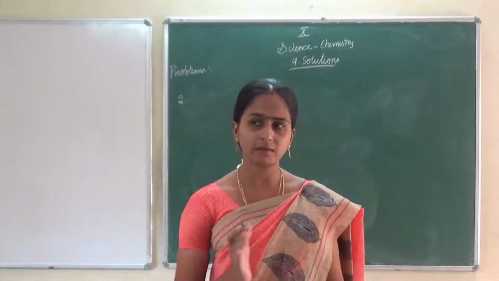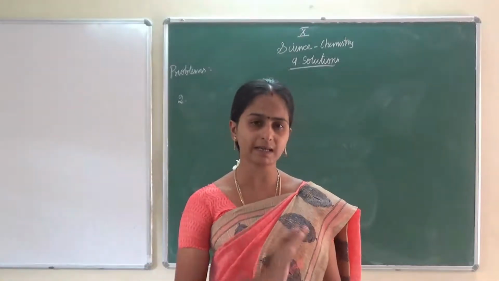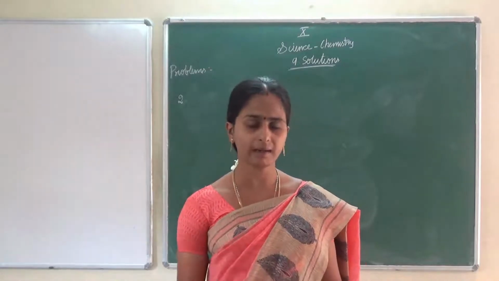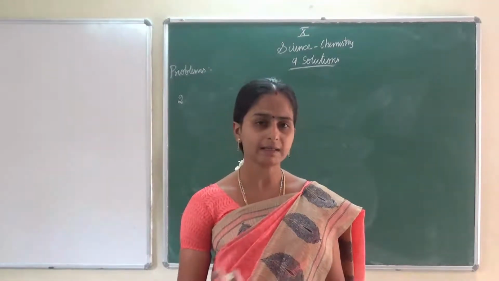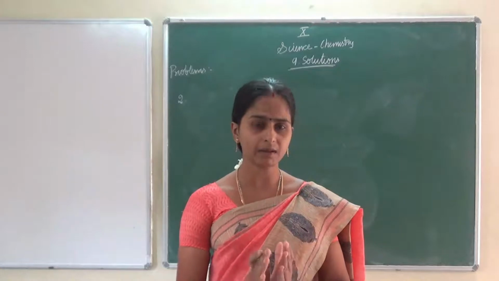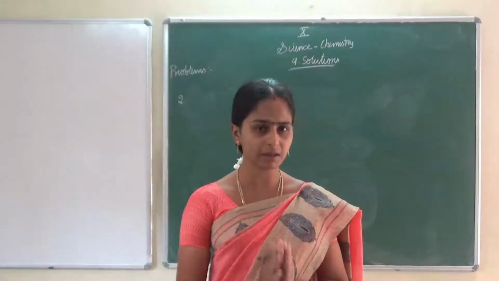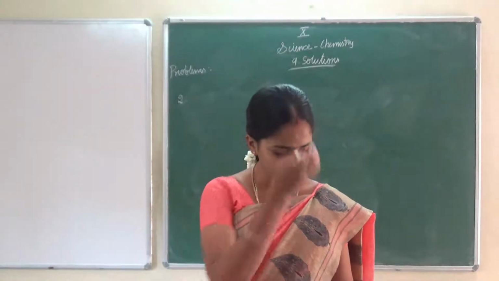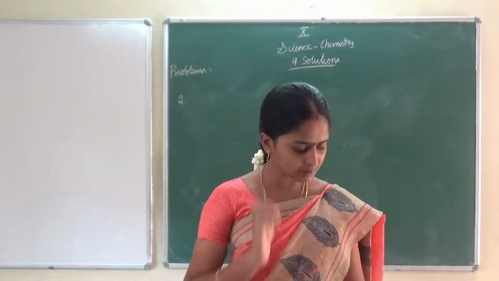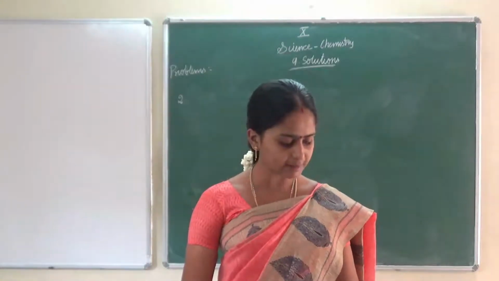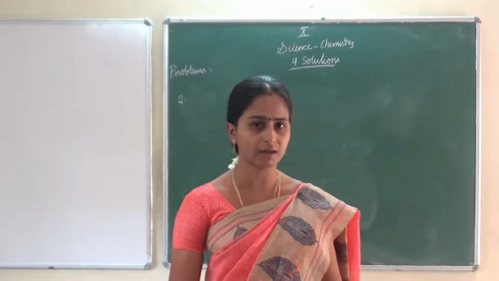For NaCl we have learned that for a saturated solution it is 36 gram per 100 ml or 100 gram. In the same way, here in 100 ml of solvent only 37 gram of KCl can be dissolved. But they are asking how much potassium chloride would be needed to form a saturated solution in 60 gram of water.